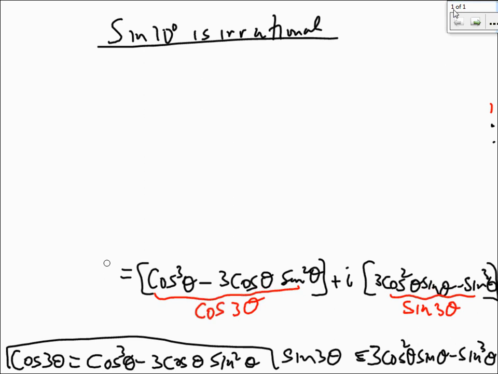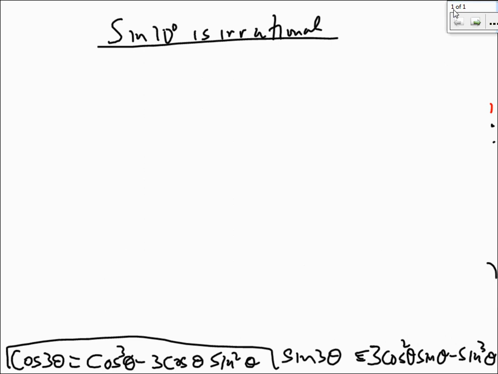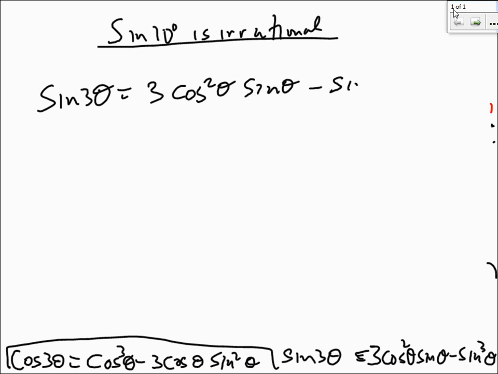Now, I just want to clean up that last one. I don't want it to have cosines in it. So right now, we know that the sine of 3 theta is 3 cosine square theta times another sine theta minus sine cube theta. But cosine squared is the same as 1 minus sine square theta.